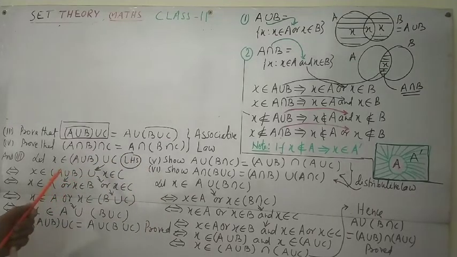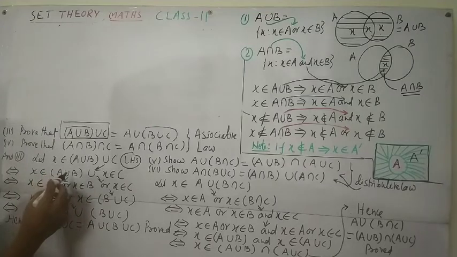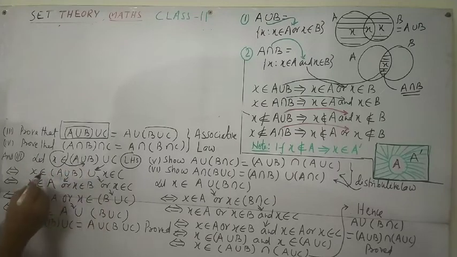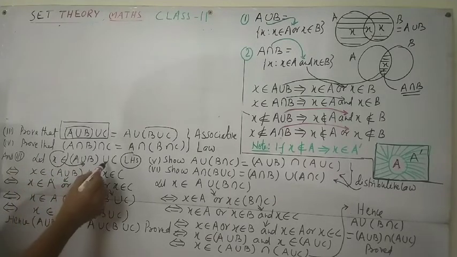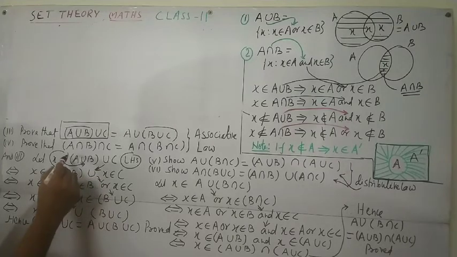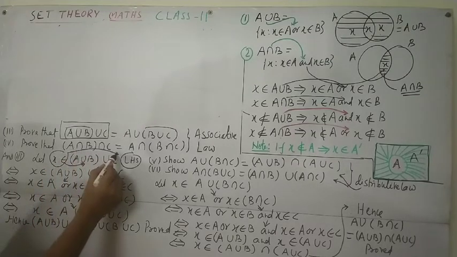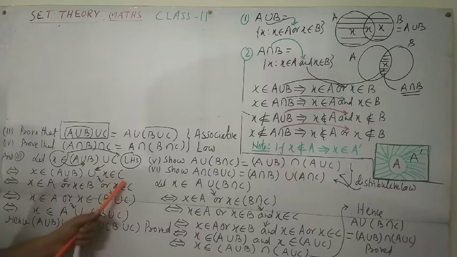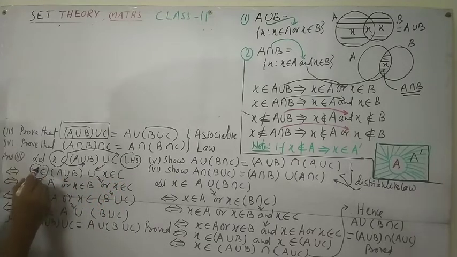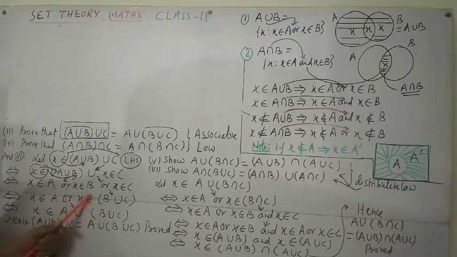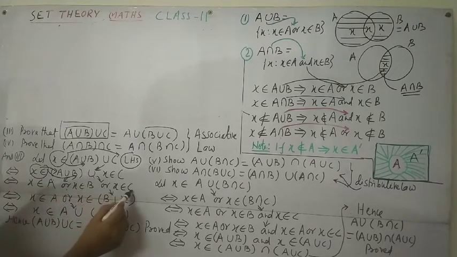Now the meaning is x belongs to A union B. This x belongs to is taken with this A union B, and this is union, and the same x belongs to C also. Now breaking this, x belongs to A, this is called OR, again x belongs to B, or x belongs to C.